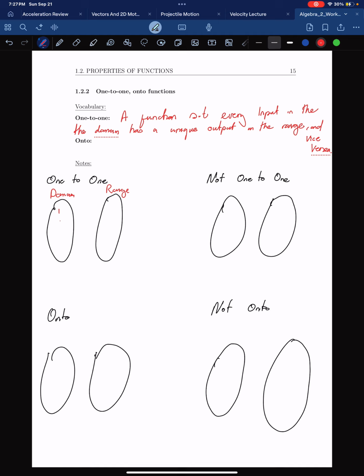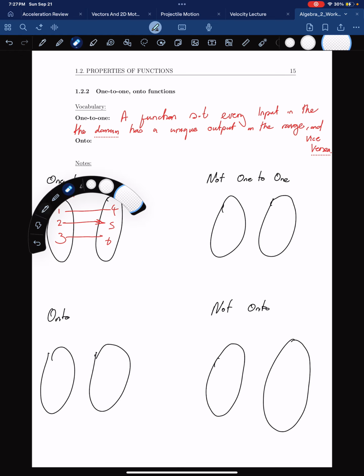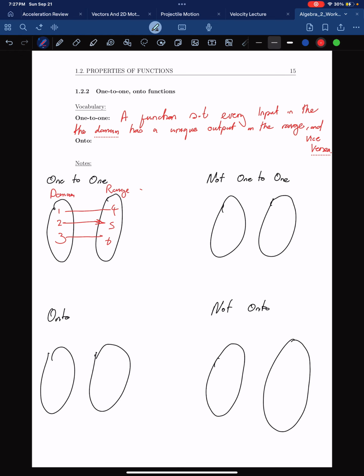Example of a one-to-one function: 1, 2, 3, and then 4, 5, 6. So this maps. Nice. You see, each element in my set of domains is unique and produces a unique range, and each range produces a unique element in the domain.